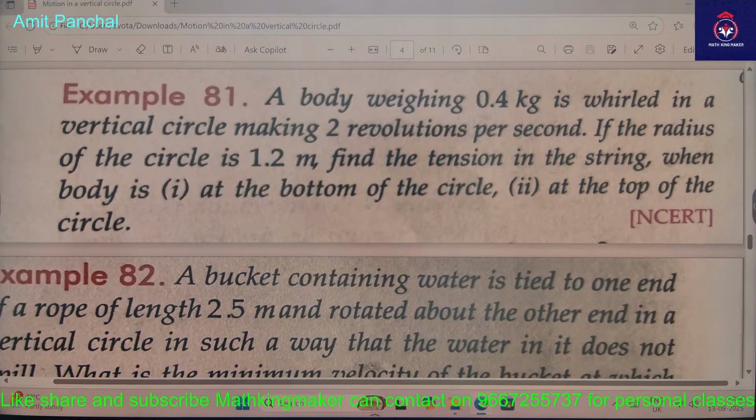This time frequency is given to you. In the 81st question, frequency is given to you. That is two revolutions per second. So by that you can find omega, and with the help of omega you can find v.